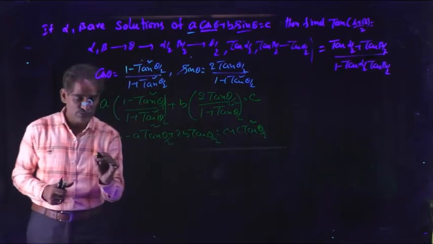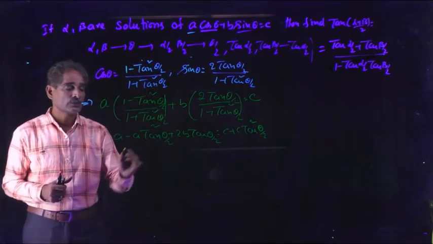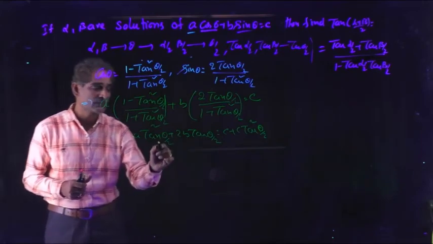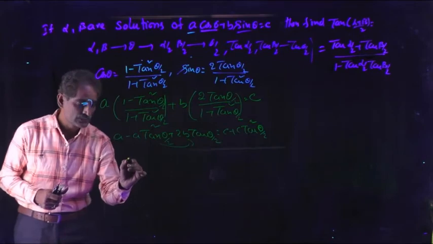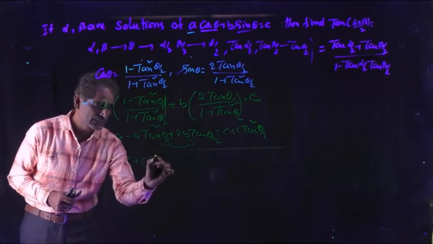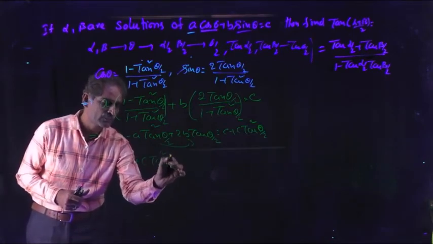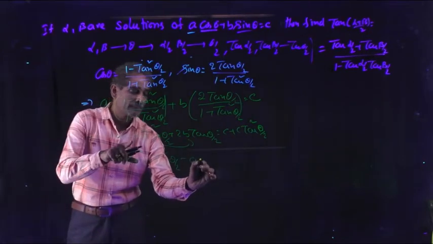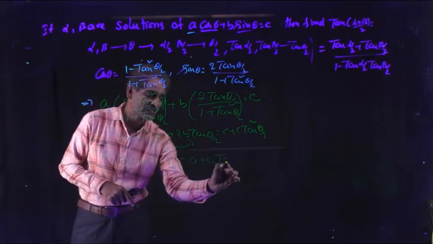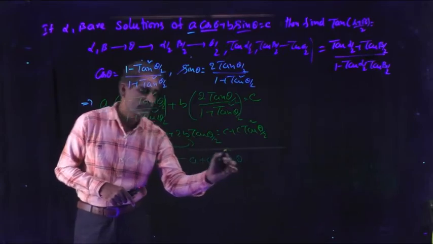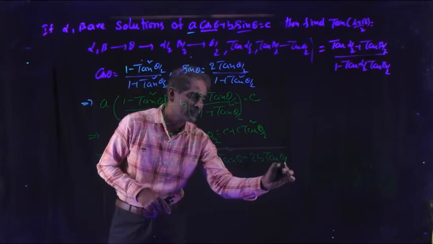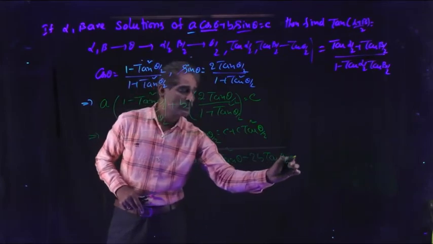So from this, convert it into a quadratic equation in terms of tan. We can write c plus c into tan square theta by 2, minus a plus a into tan square theta by 2, minus 2b into tan theta by 2, is equal to 0.